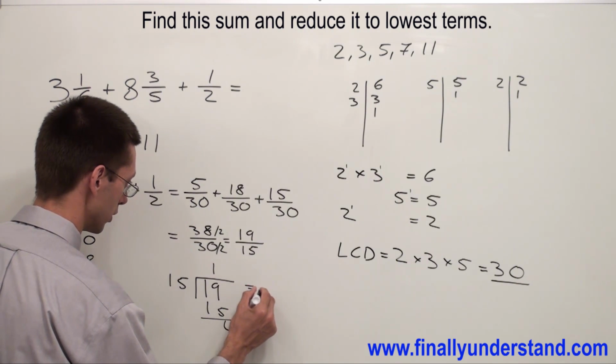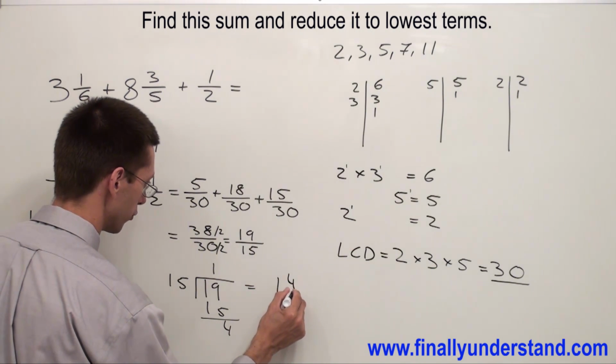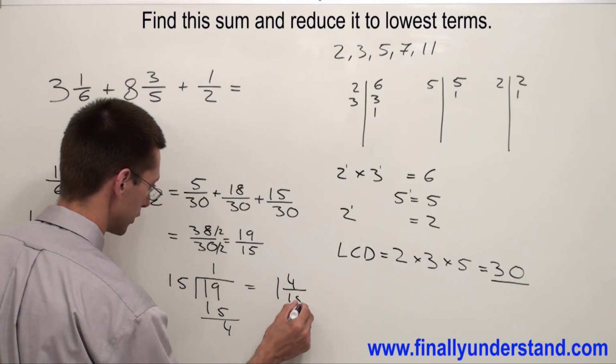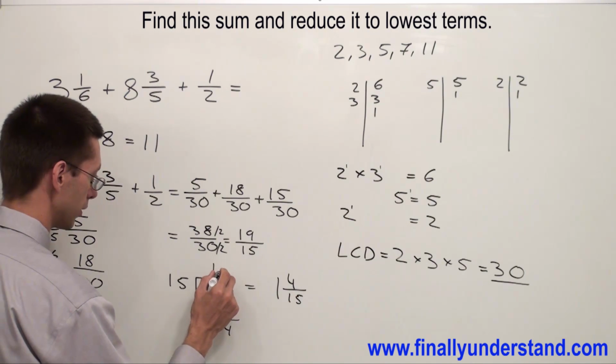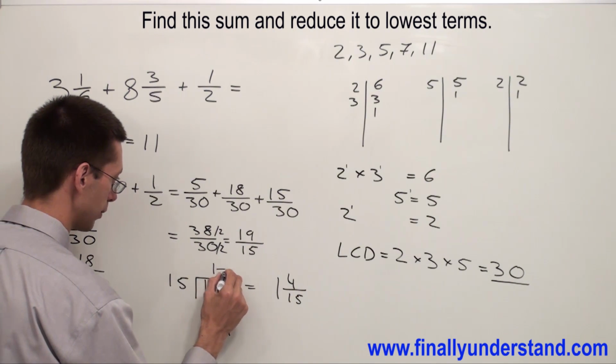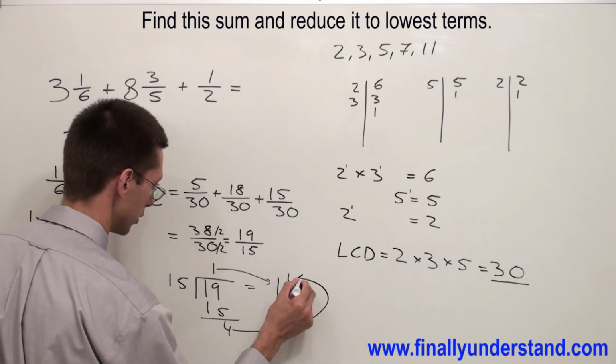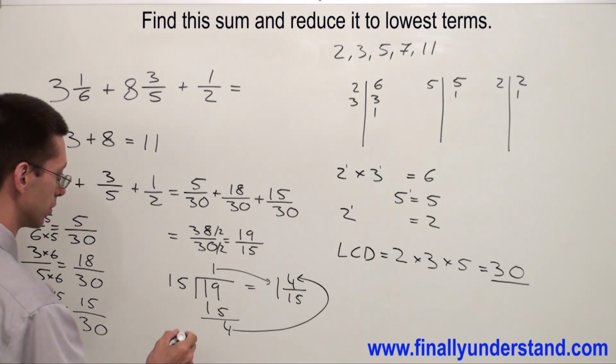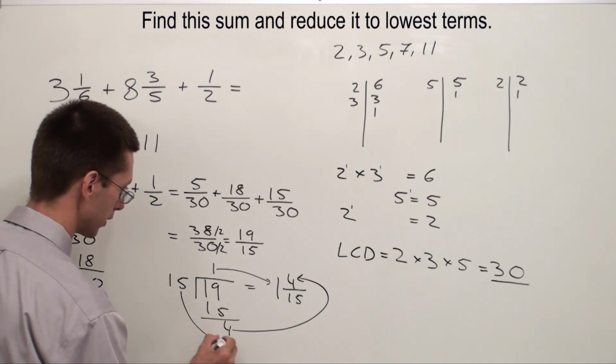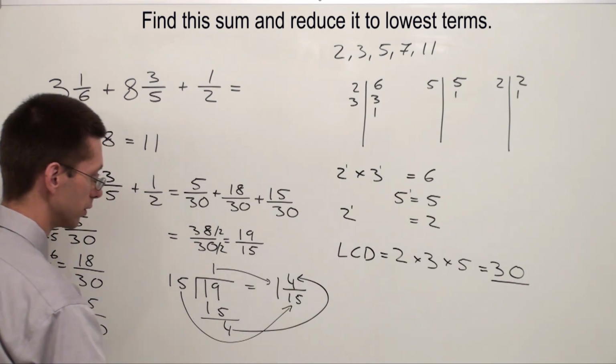So my answer is 1 and 4 over 15 for this division, where the top number goes to the front, the remainder goes to the numerator, and the divisor will go to the denominator.